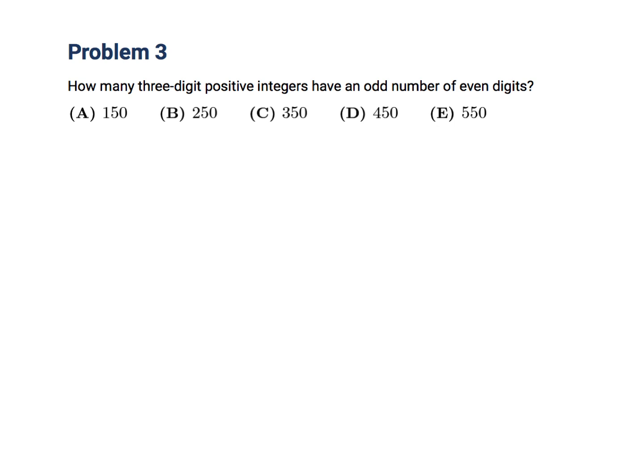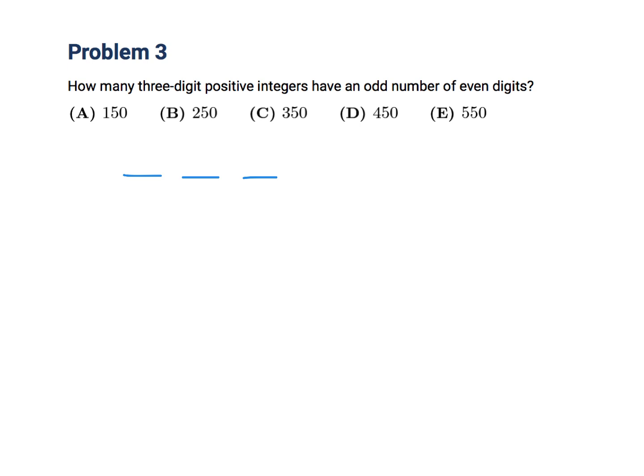How many 3-digit positive integers have an odd number of even digits? So odd number of even digits. So it's a 3-digit number. So it can have either 1 even digit, 2 even digits, or 3 even digits, or 0 even digits, right?